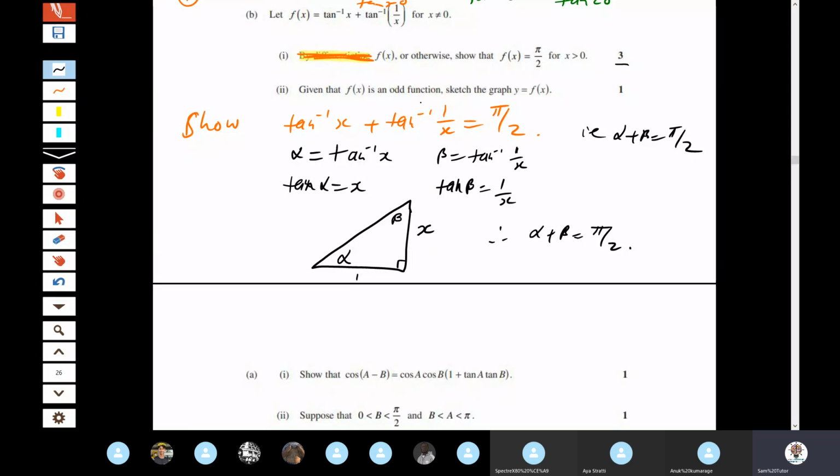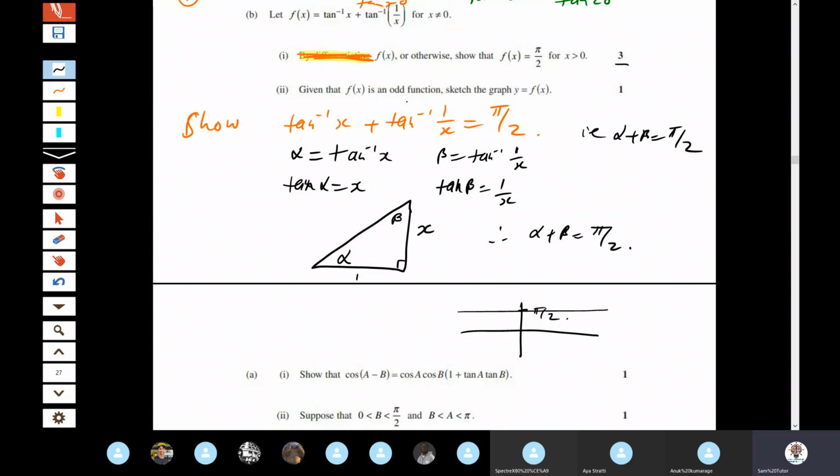What do we know? We know the y value of this is always 90 degrees, always pi on 2. So this plus this is just another way of saying draw y equals pi on 2. So show that f of x is this, which is pi on 2. Isn't that just y equals pi on 2?